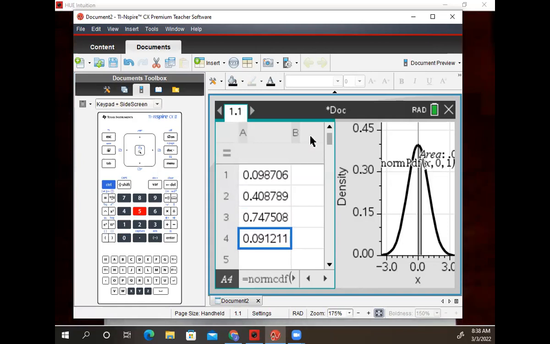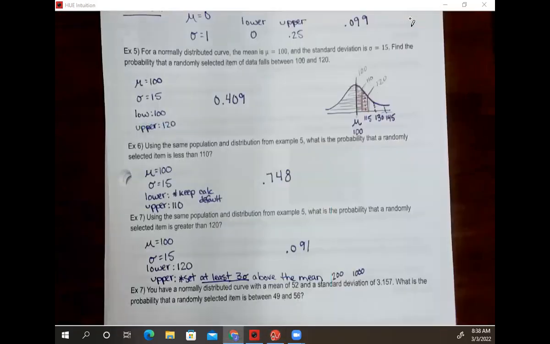So I get 0.091 if we round to 3 decimal places. So what's the probability that I'm greater than 120? About 9%. There's about a 9% chance.